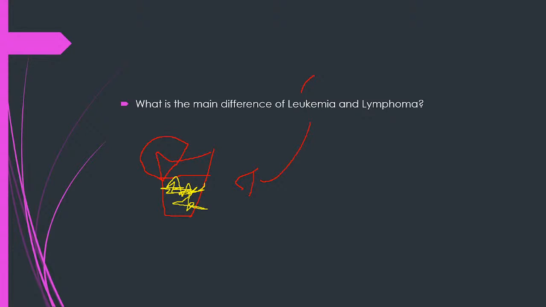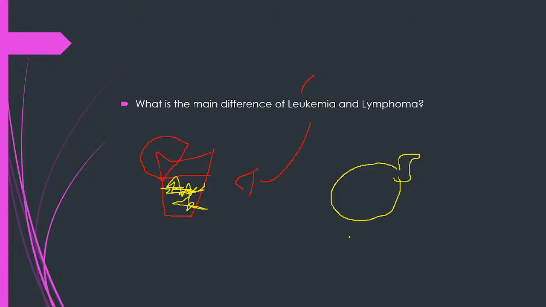While lymphoma is the actual lemon, the solid portion of a particular disease. Leukemia affects the liquid portion of the blood, while lymphoma is actually a solid mass.